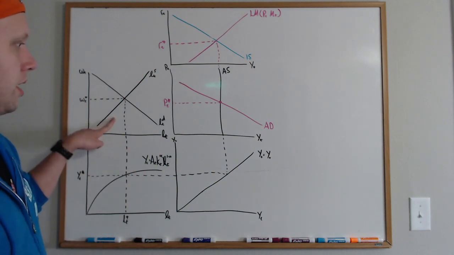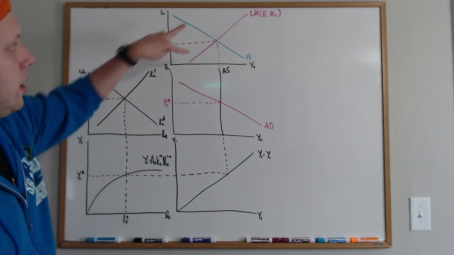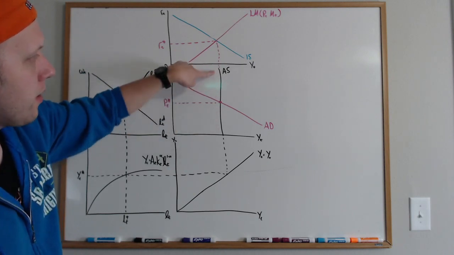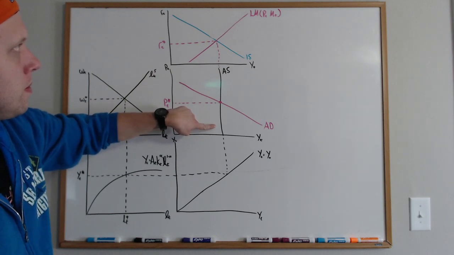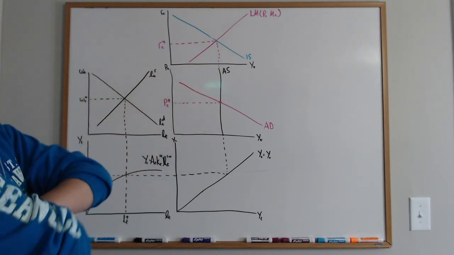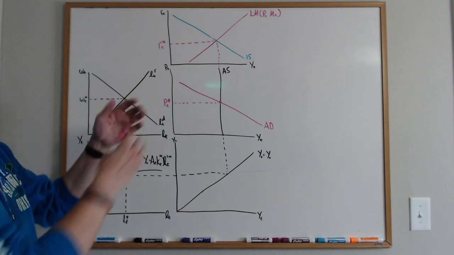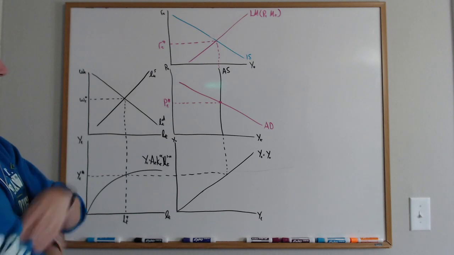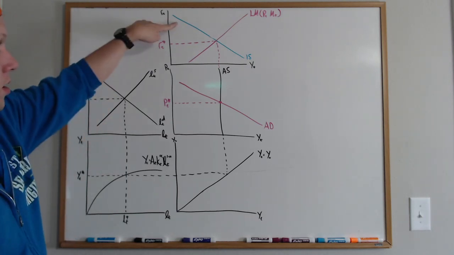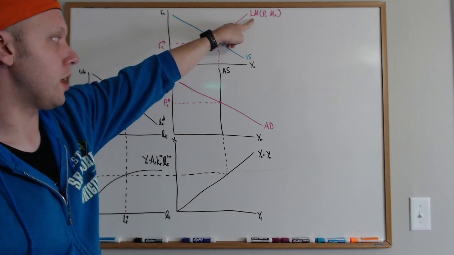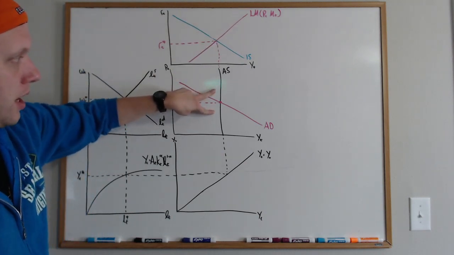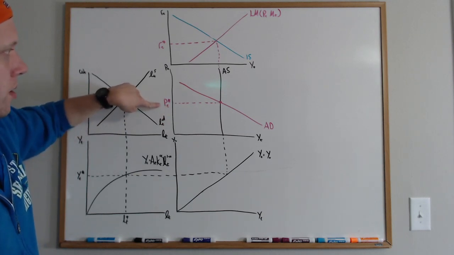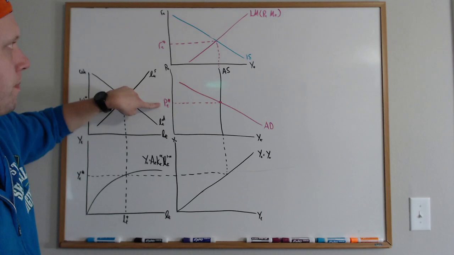Now in a general equilibrium, when goods markets are clearing, money markets are clearing, labor markets are clearing, what happens? Well, the IS and the LM curves intersect right on top of this vertical aggregate supply curve. That's where aggregate demand is going to fall. So in general equilibrium, aggregate demand equals aggregate supply. Aggregate demand and aggregate supply intersect at a market clearing price level, P_t star.